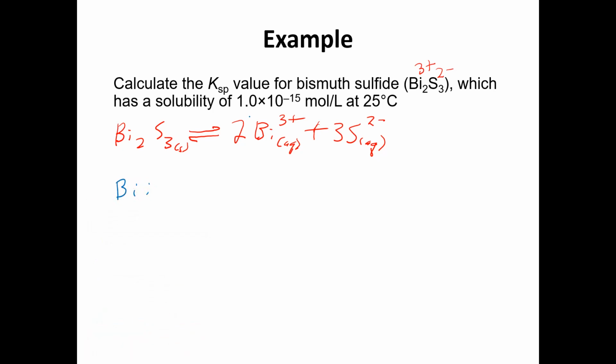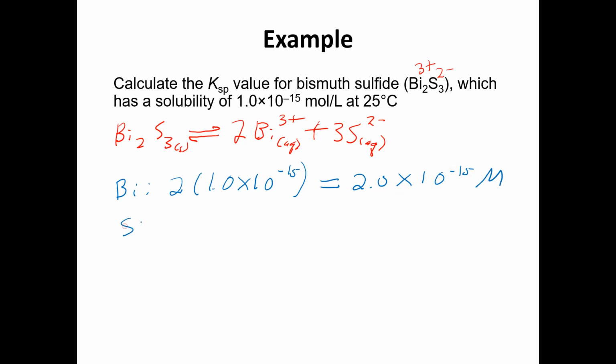We have a solubility of 1 times 10 to the negative 5th moles per liter, so moles per liter is molarity. So the concentration of bismuth is going to be 2 times that, since there are 2 bismuth ions. So we're going to have 2 times 1.0 times 10 to the negative 5. And if you multiply that out, that comes out to 2.0 times 10 to the negative 5th.